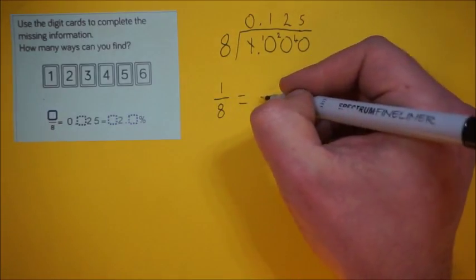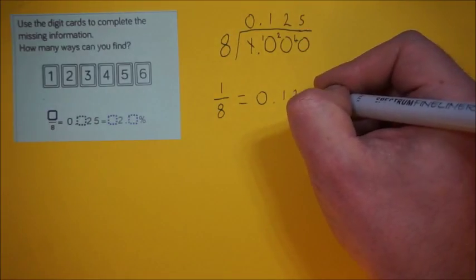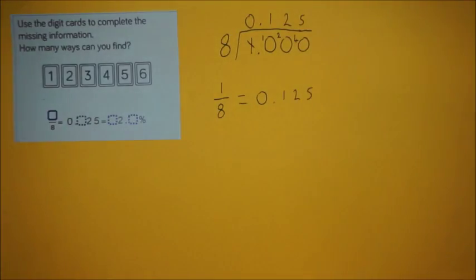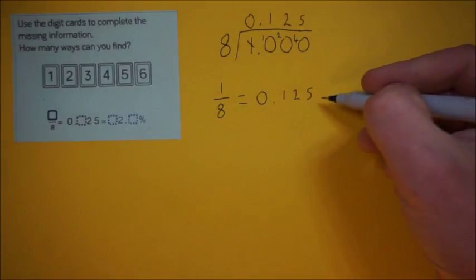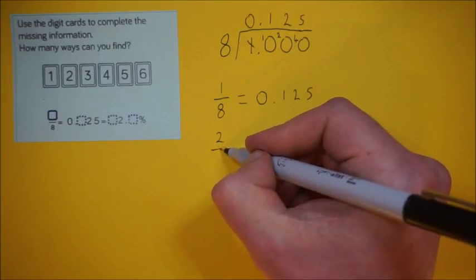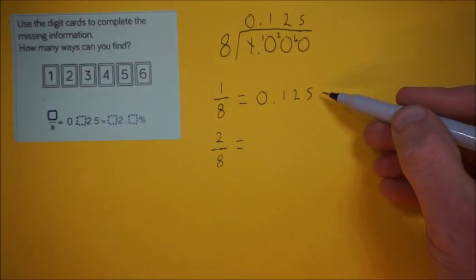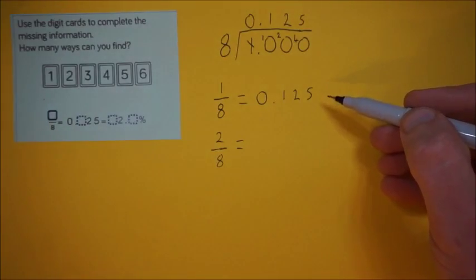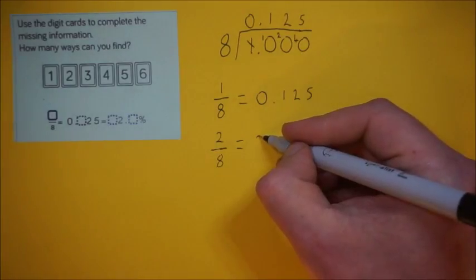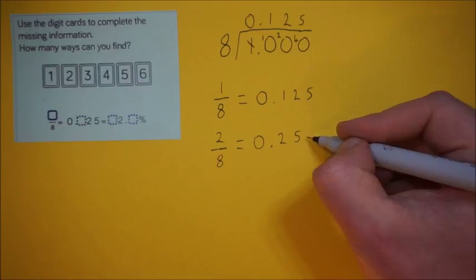is equal to 0.125. Perfect. Now I want to do all the different eighths. So I want to know what 2/8 is and 3/8 is. And all I'm going to do is just multiply my value up. So 2/8 is 2 lots of 0.125. So it is 0.250.